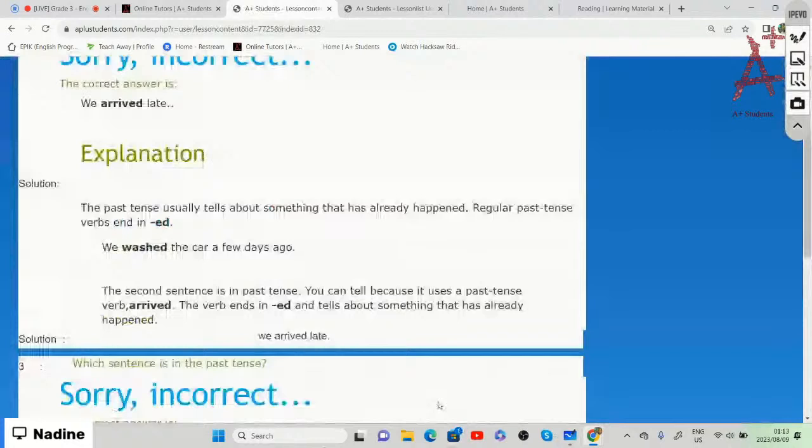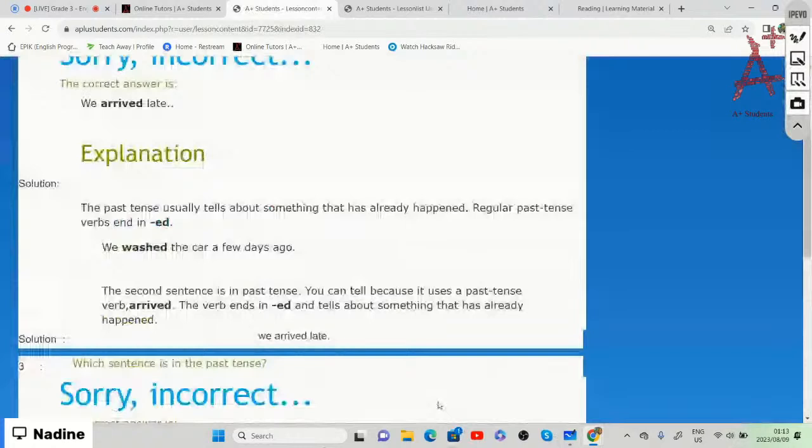So once again, the past tense usually tells us about something that has already happened, right? It has already happened. Then we have regular past tense verbs that end in ed, right?